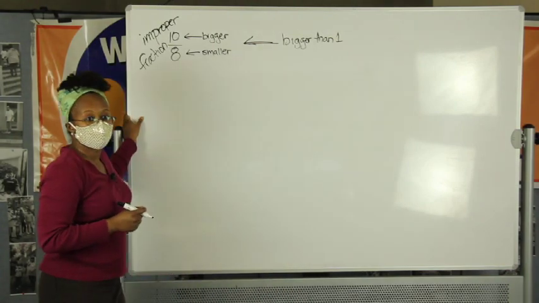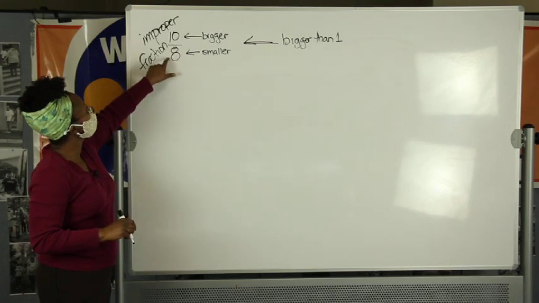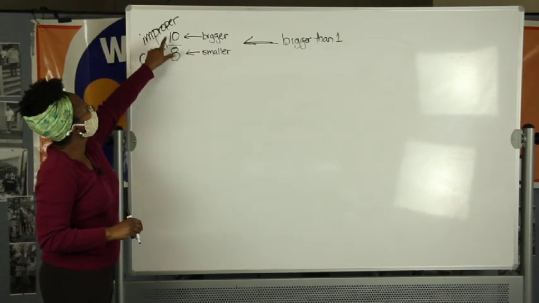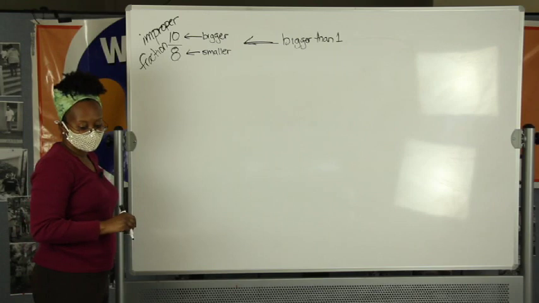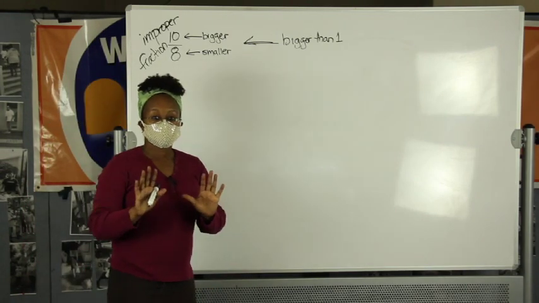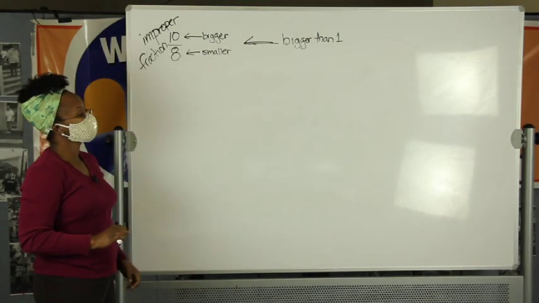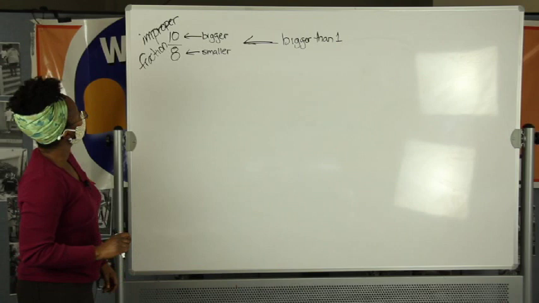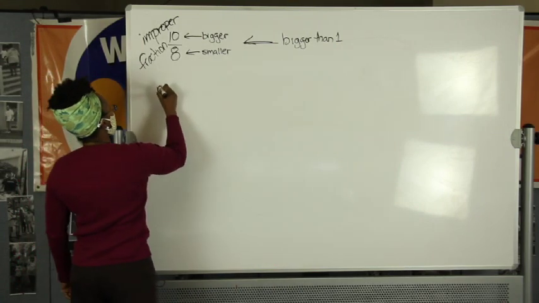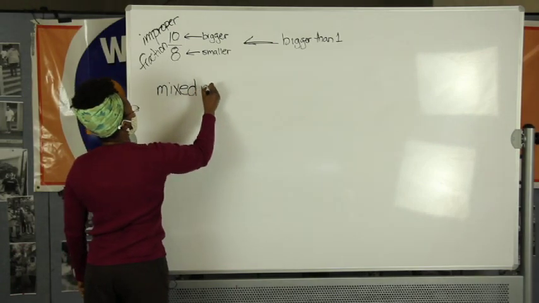Because in order for it to be a whole, or one whole, it has to have the same number in the denominator and the numerator, and it doesn't. Okay, so there's another way that you can express this number, and it's with a mixed fraction, or a mixed number, as they call them.